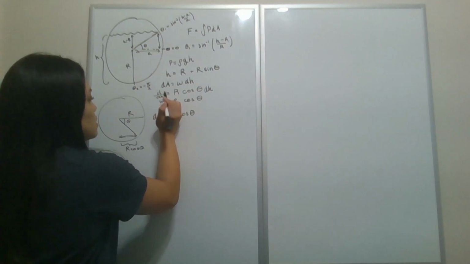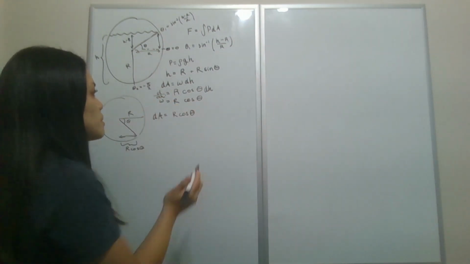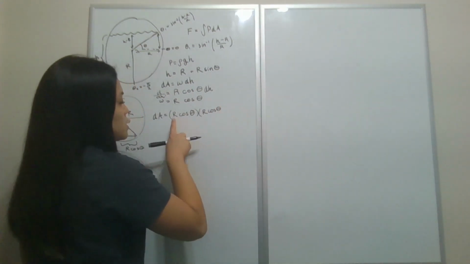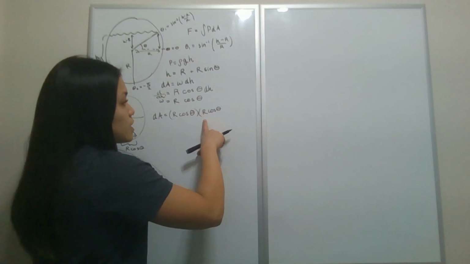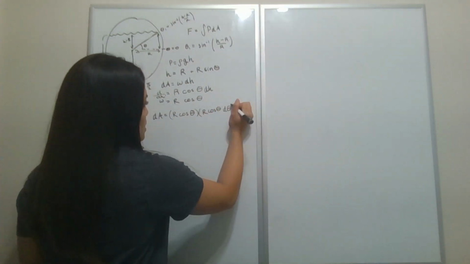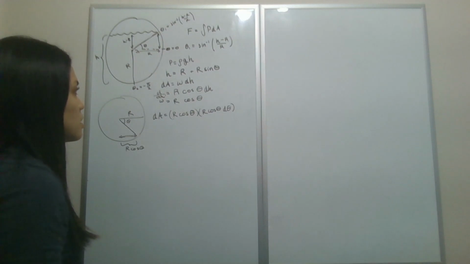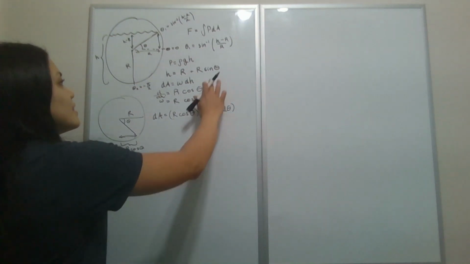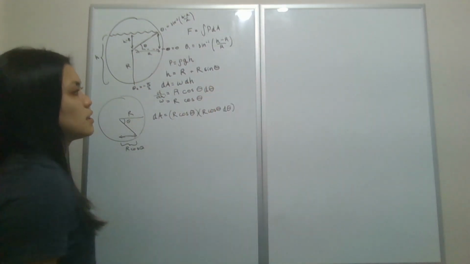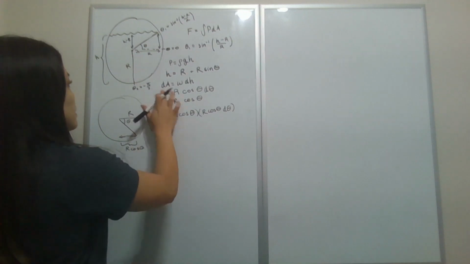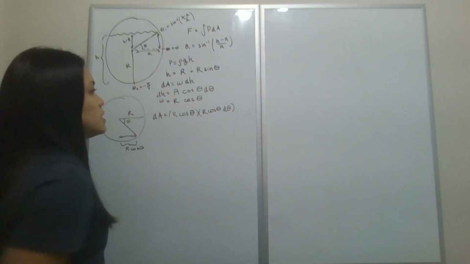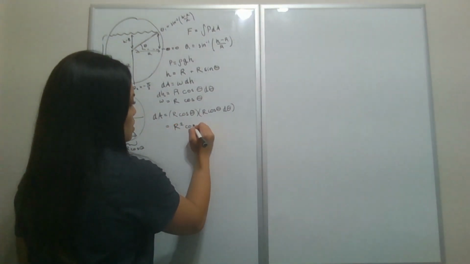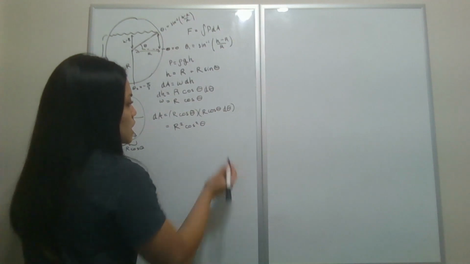Plugging this in would give us the radius times the cosine of theta times the radius times the cosine of theta times the differential theta. So, excuse me, sorry, this should be differential theta, d theta, not dh. So to simplify this, we can have the radius squared times the cosine of theta squared times d theta.